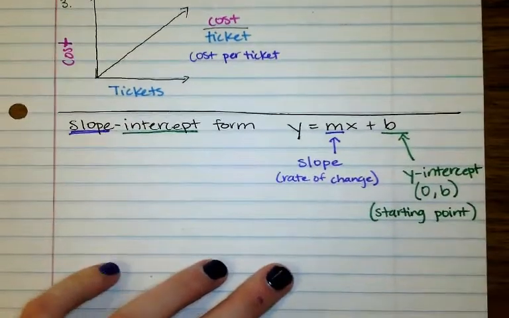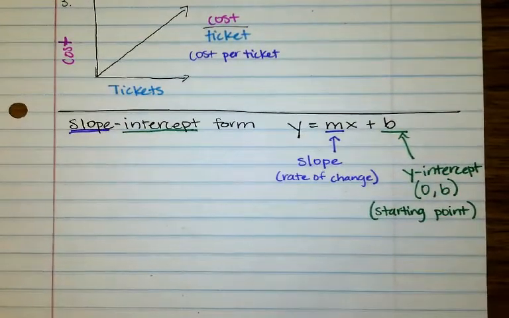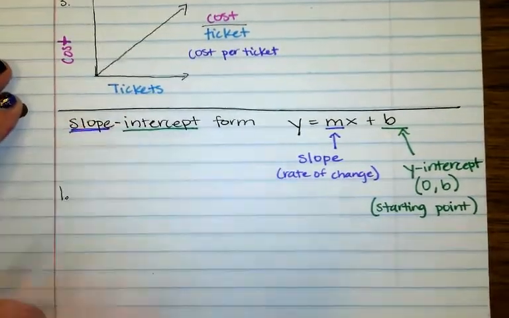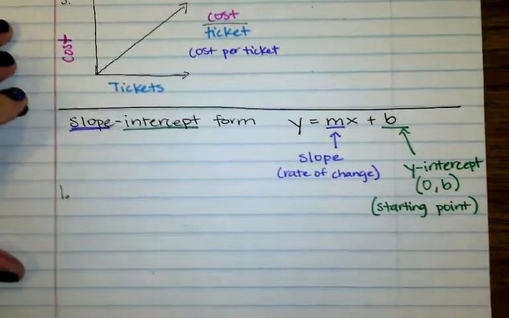So, if I give you a problem where I tell you the slope is going to be equal to 2/5.